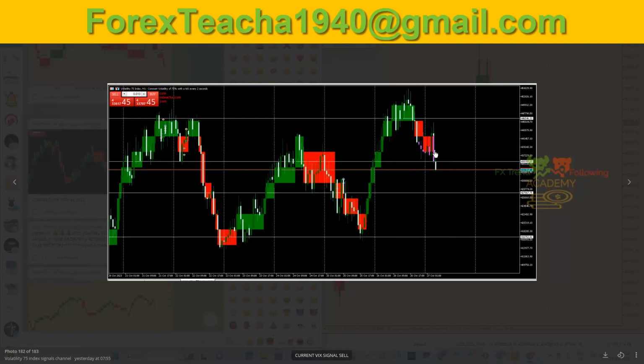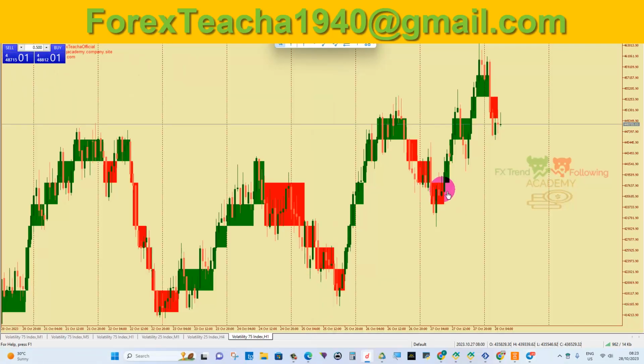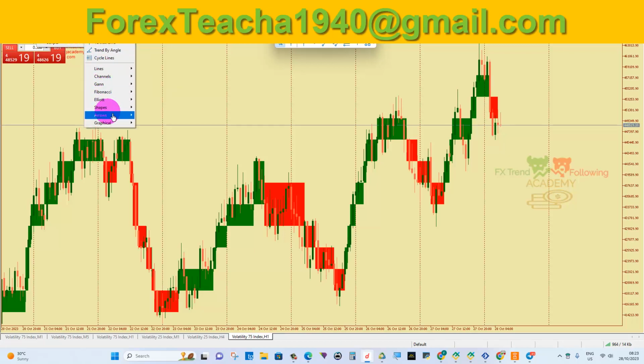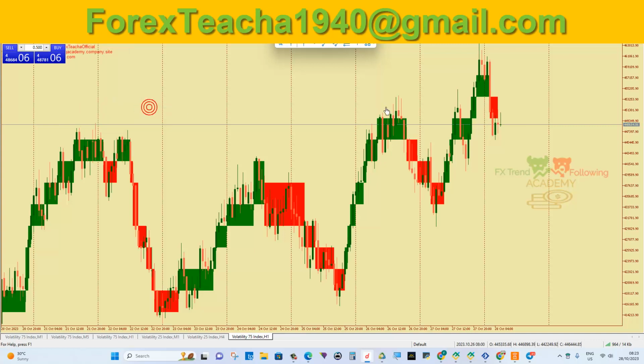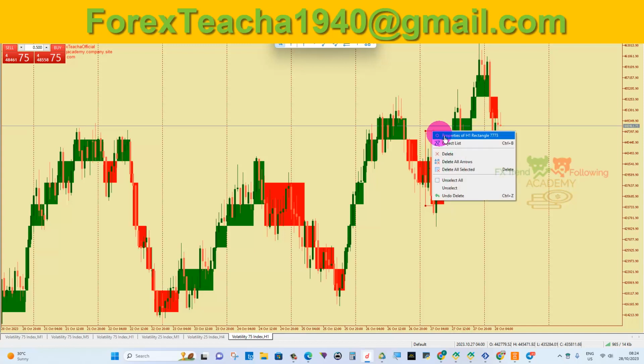I want to show you on the chart. All right, so this is our chart, and yesterday, let me try to highlight so that you can see. This is that long candle that you saw at that time. Let's change the color so that it's easy to see.